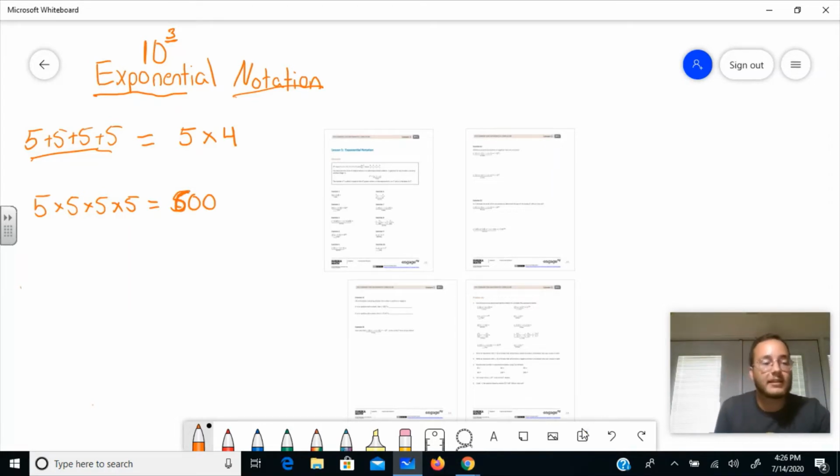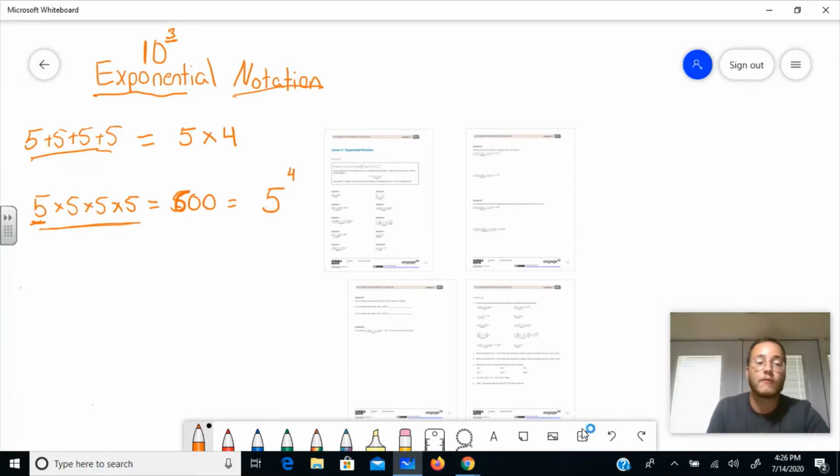But there has to be an easier way for me to write this whenever I'm writing my answer. And what we've learned in 7th grade is that you can put that in exponential notation. You have a base of 5, which is right here. That's my number that's being multiplied over and over again. And it's being multiplied a certain amount of times. And that number is 4. It's being multiplied 4 times. So my exponent would be 4.